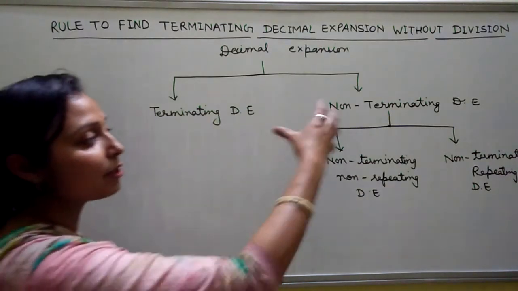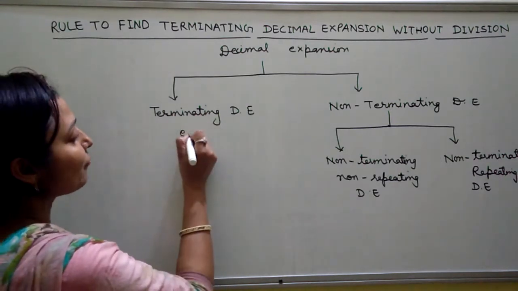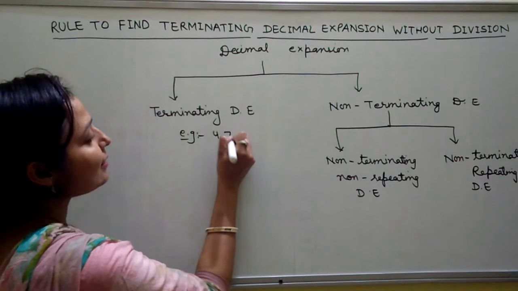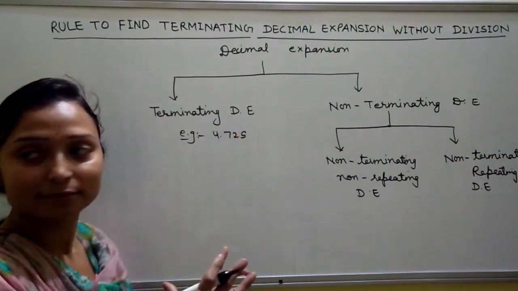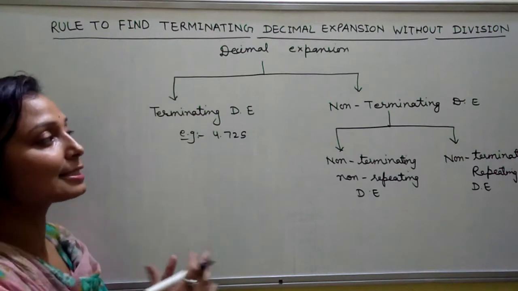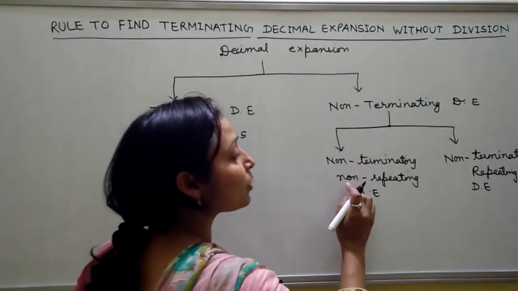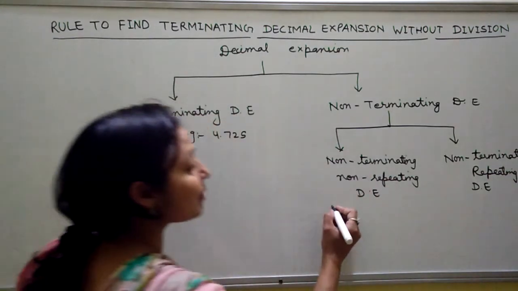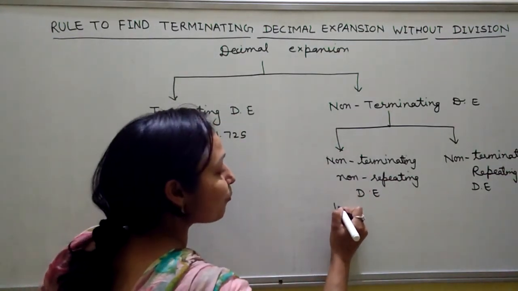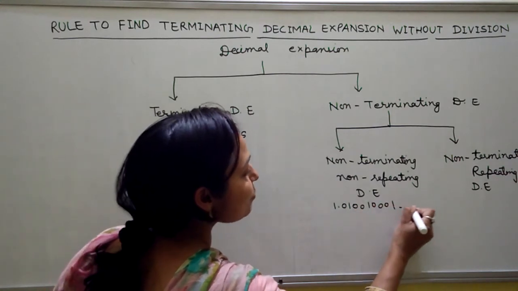I will give an example of all these decimal expansions. Terminating decimal expansion, for example, 4.725, that will end by doing the division. Therefore, this is terminating decimal expansion. Non-terminating, non-repeating, for example, 1.010010001 and so on.